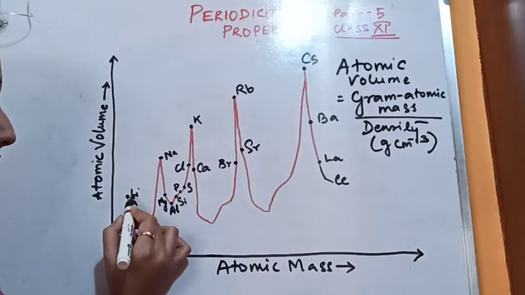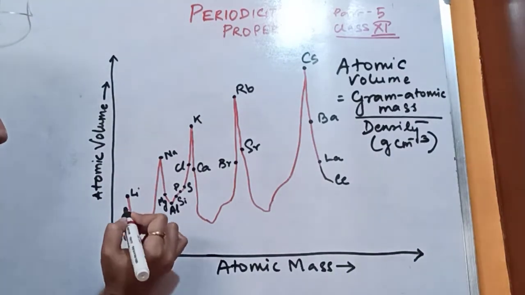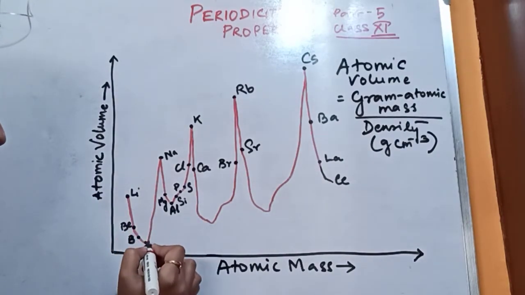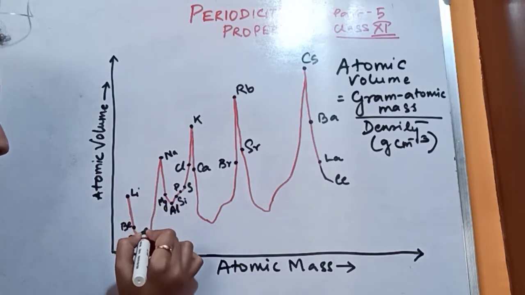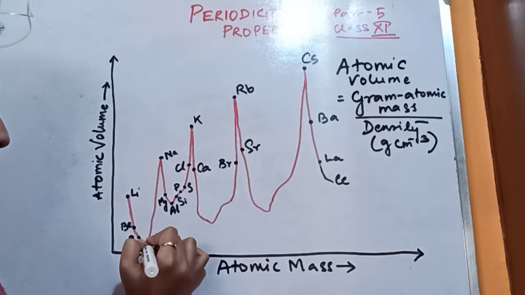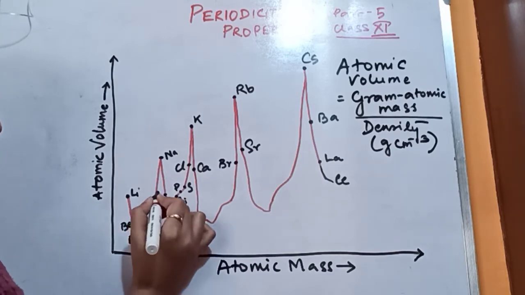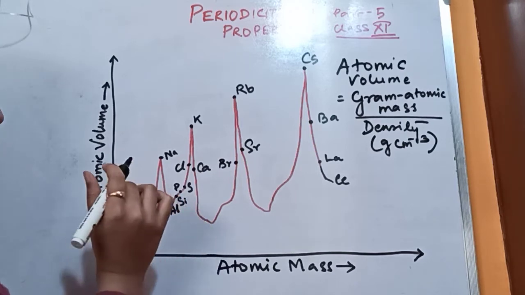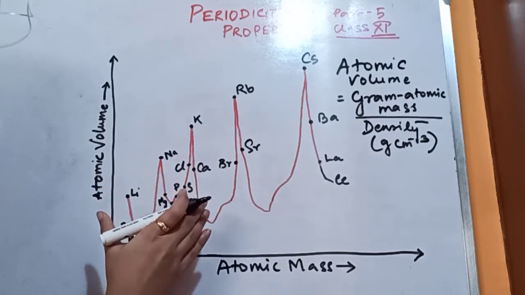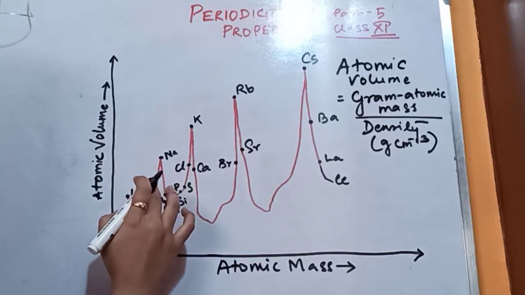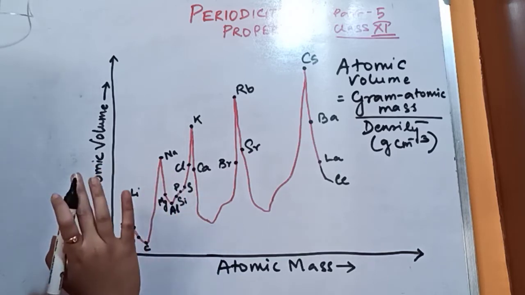This is the atomic volume of lithium, this is for beryllium, this is for boron, this is for carbon. Again it increases gradually: after carbon this is for nitrogen, this is for oxygen, and this is for fluorine. Since the place is shorter, it would become clumsy, so I have not drawn the other elements there.